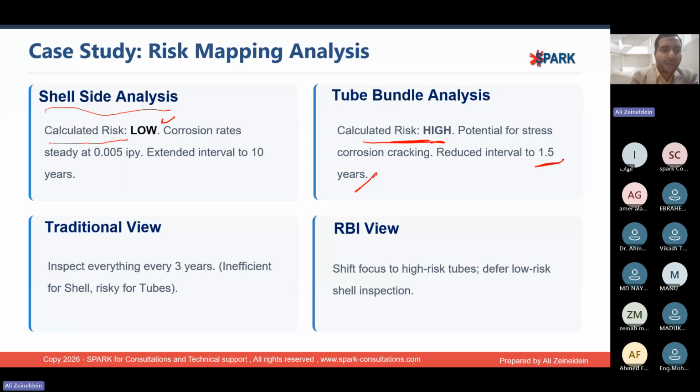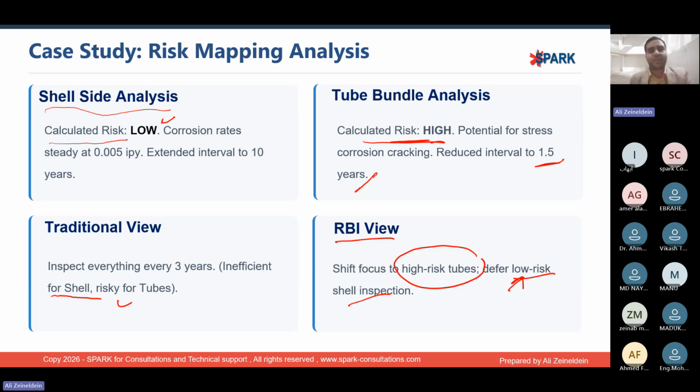Traditional view: inspect everything every 3 years. This is inefficient for the shell, and risky for the tube. RBI view: finally, shift focus to high risk tubes, and defer low risk, better than wasting time, money, and effort on low risk shell inspection.